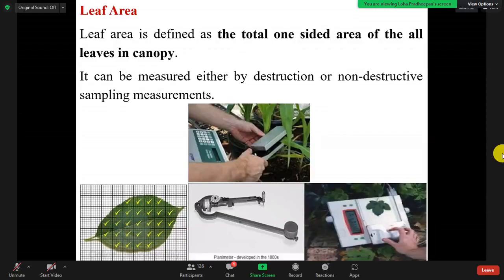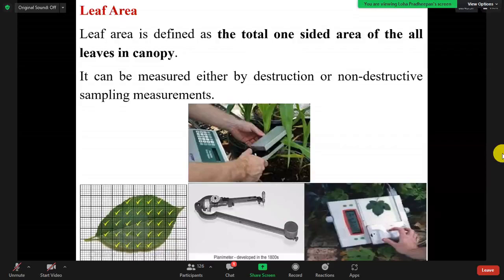By pressing that, it does the scan. Here in this picture, you are able to see by pressing this, the leaf area can be measured. Then we are able to get the direct reading of the leaf area. So different methods are available to measure the leaf area.